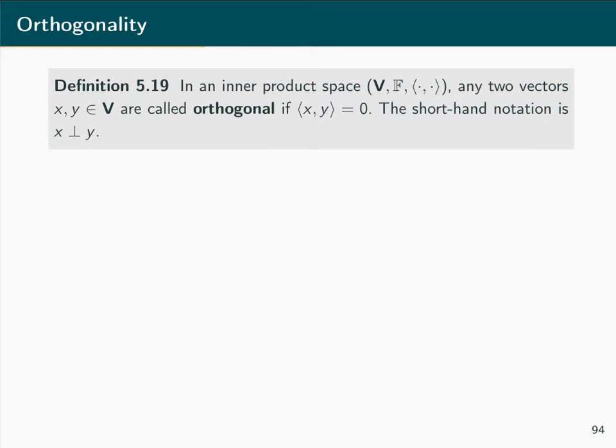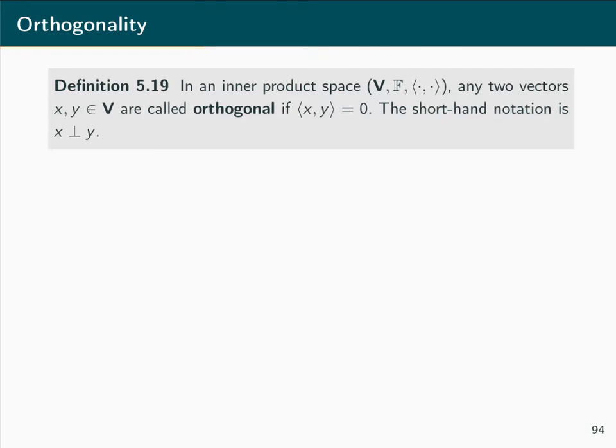Another thing that follows with an inner product is the notion of orthogonality of two vectors. And that notion is established in definition 519. So if we have an inner product space, any two vectors in that space, x and y, are called orthogonal if the inner product between x and y equals 0.